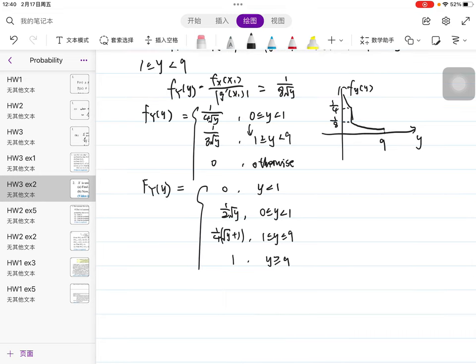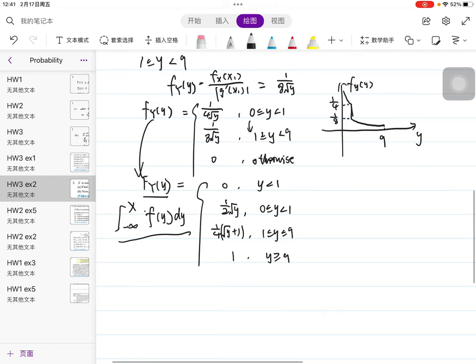So how to get the distribution function from the density function? We could use an integral of the density function, and let me just write a variable like this. Sorry, here should be the density function.